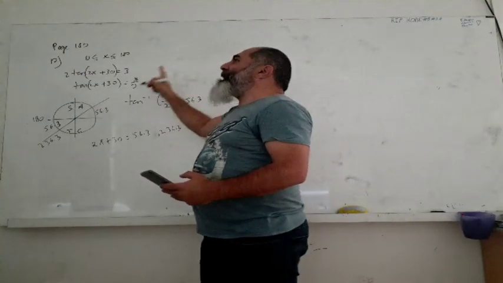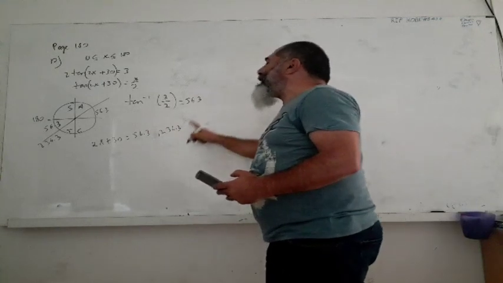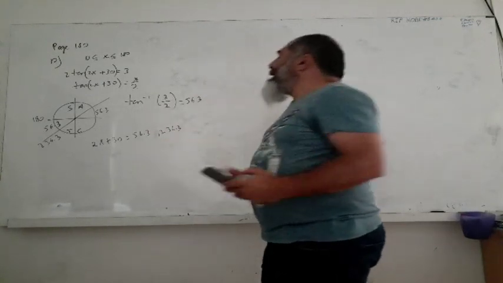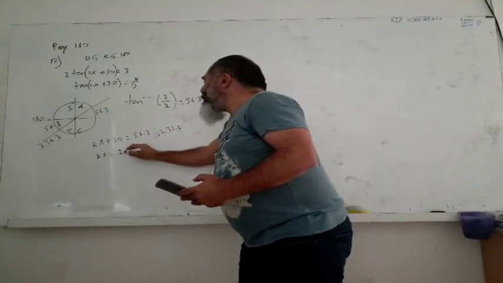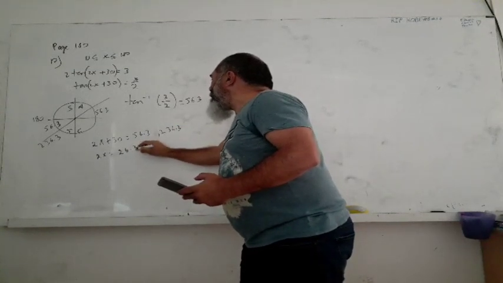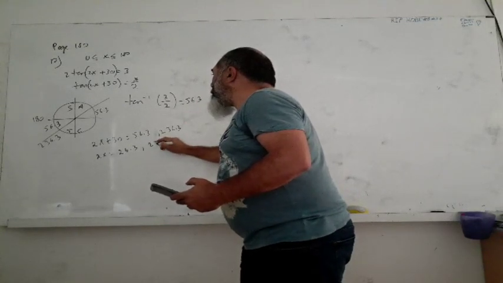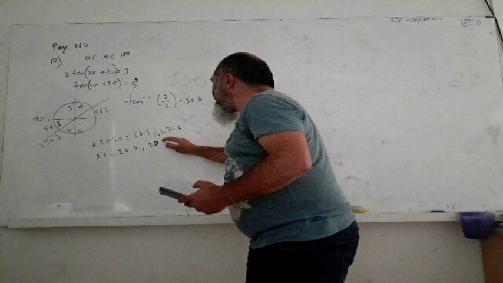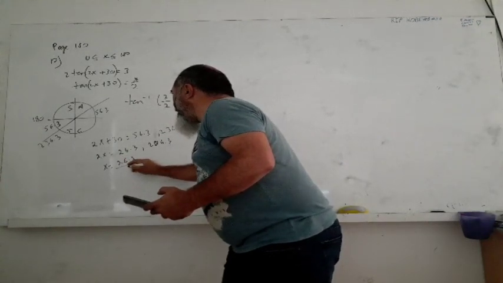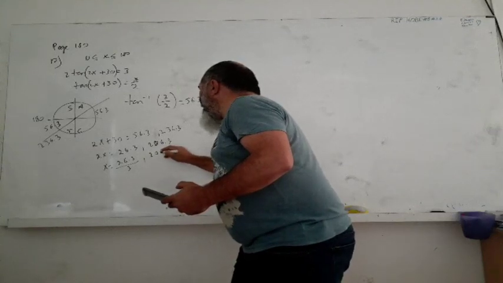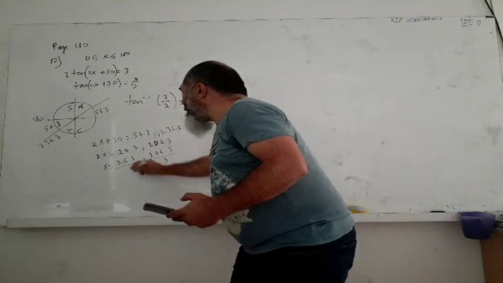So you don't need to add 360 to these numbers. So directly subtract 30 from these to get 26.3 and 206.3, and divide them by 2 to find the exact values.